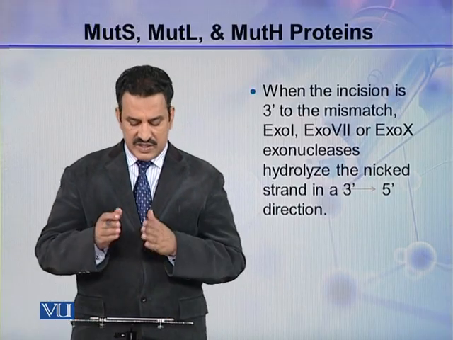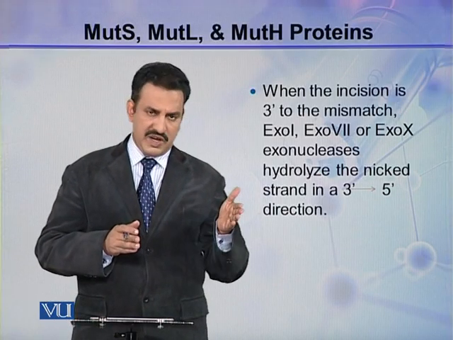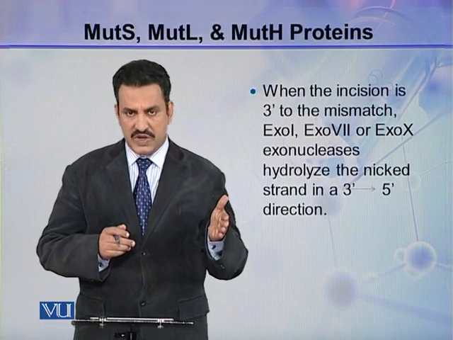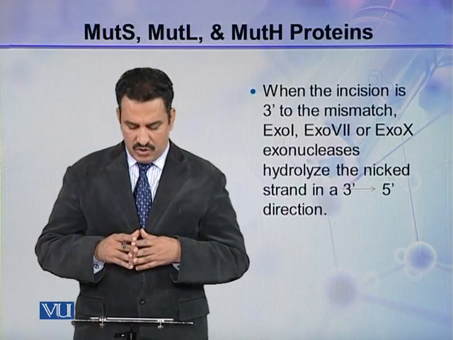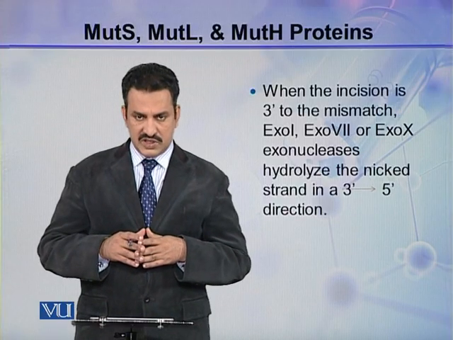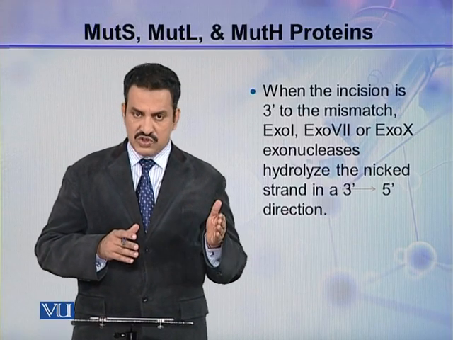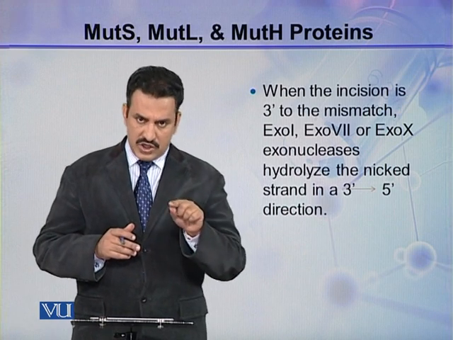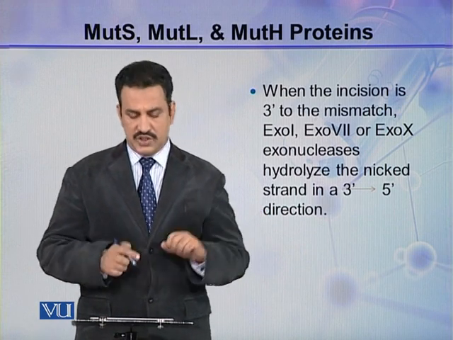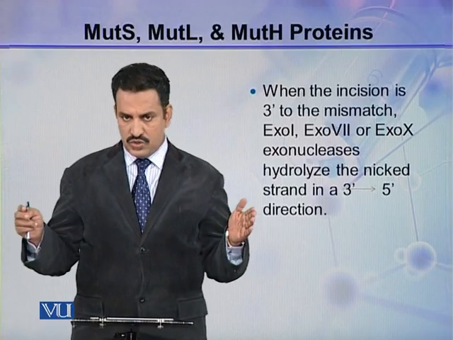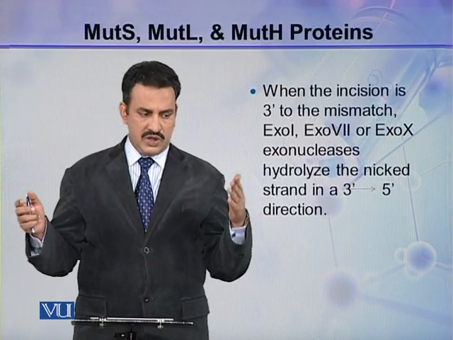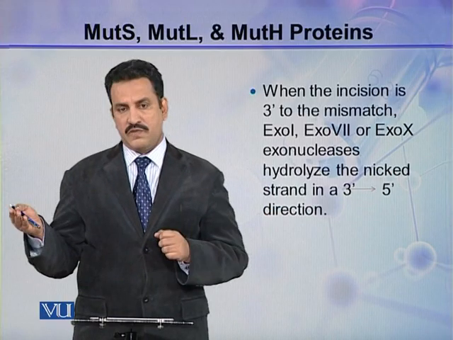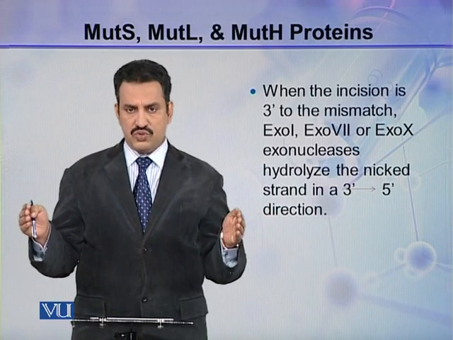However, when the incision is 3 prime to the mismatch, that is on this side, EXO1, EXO7 or EXO10 exonucleases hydrolyze the nicked strand in a 3 to 5 prime direction. So two nicks either on 3 prime side or 5 prime side may be introduced.